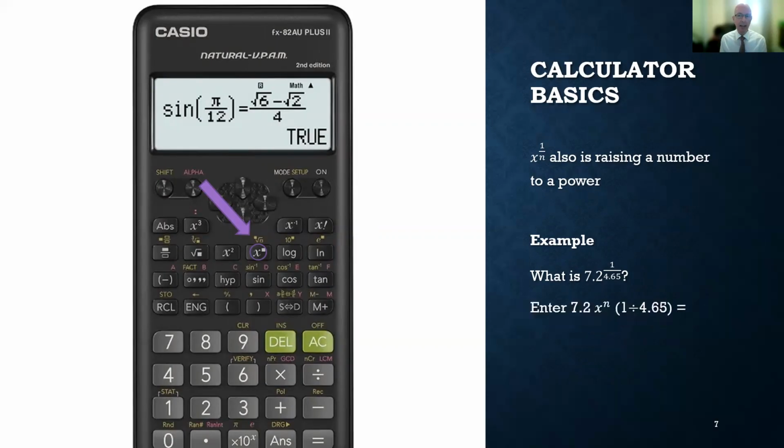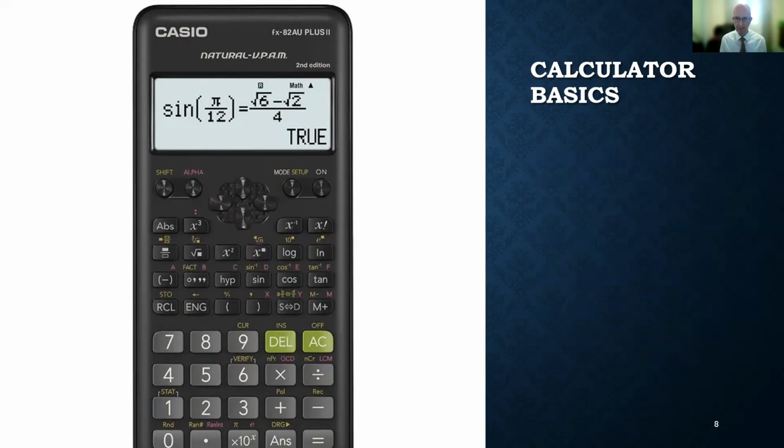One way you can do that is to enter 7.2, x to the n, open brackets, 1 divided by 4.65, close brackets, and equals. Your calculator will calculate that, and you'll end up with the answer of 1.52887771. If you get that, you've operated your calculator correctly. Now, if there are any problems with that, please check the manual. It will help you with this functionality.